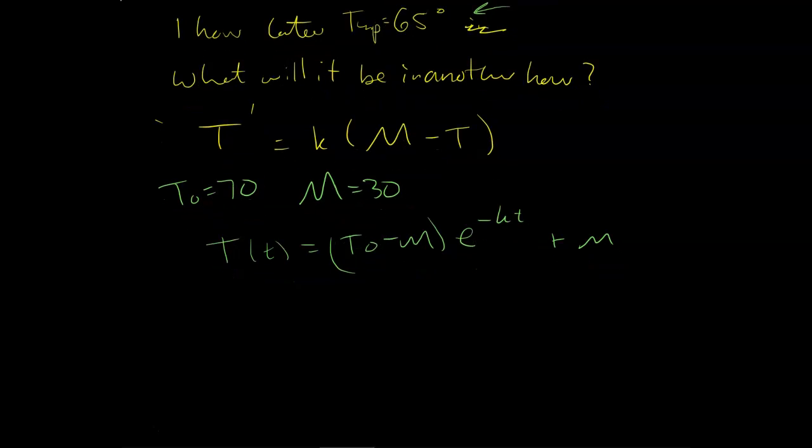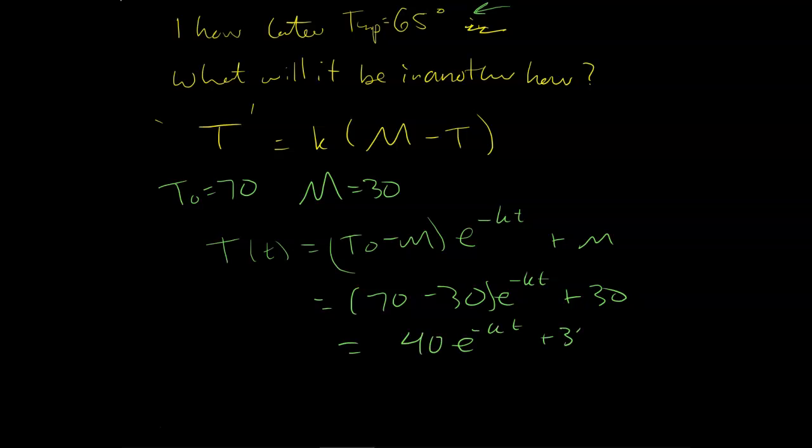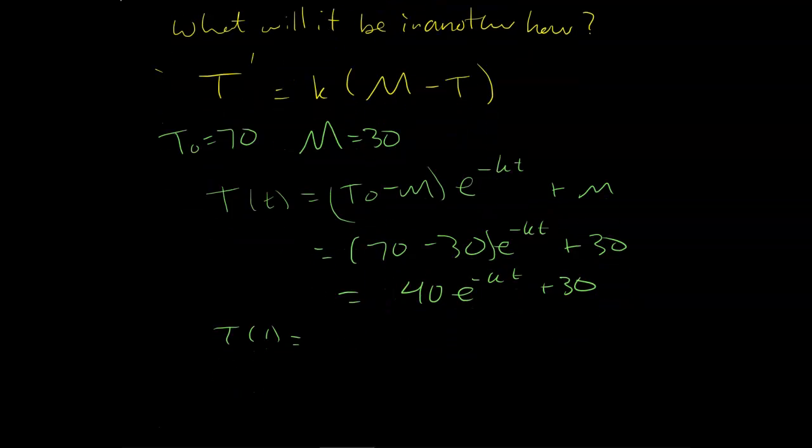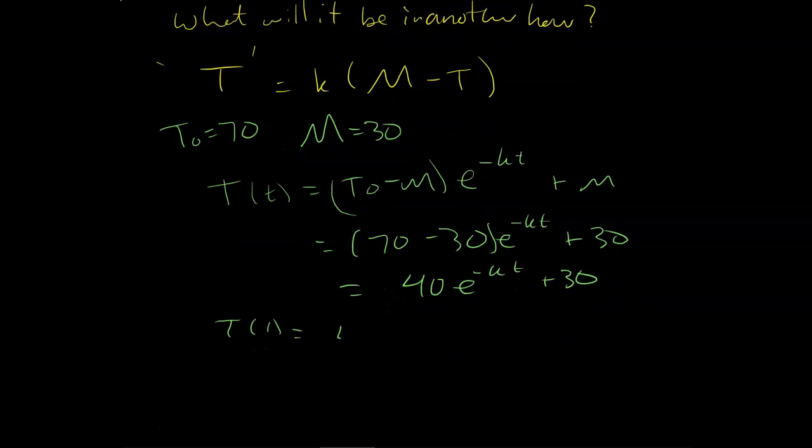Let's think about this. So let's first plug in the values we know. So we know this one's 70 minus 30 e to the negative kt plus 30. So this is just 40 e to the negative kt plus 30. Now we're going to think, well, what happens 1 hour later? So T of 1 gives us 40 e to the minus k plus 30, and this is going to be equal to 65.